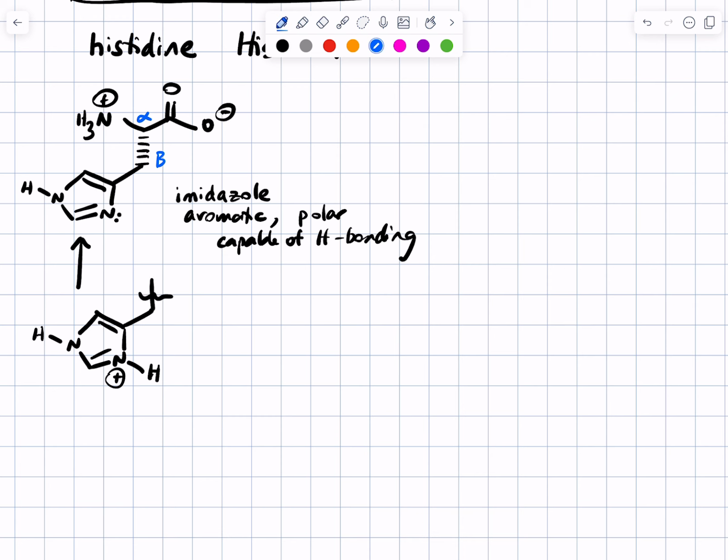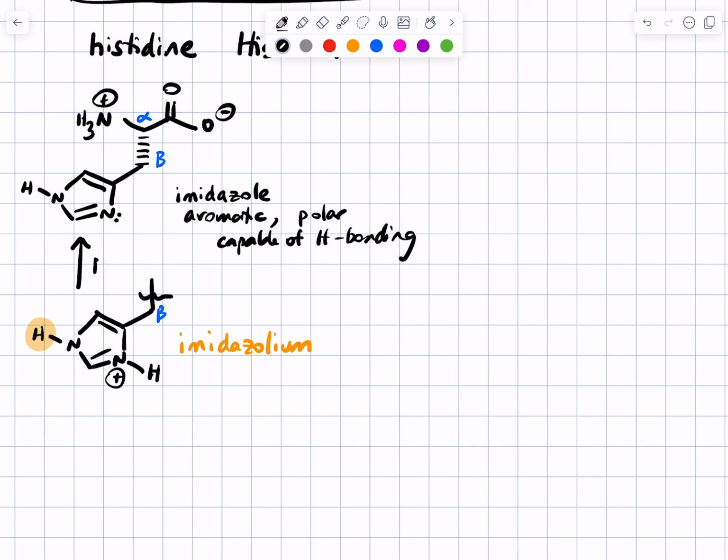I'll use a squiggly line. Here's the beta carbon, there's the ring. The positively charged form is called imidazolium. If you wonder what a positively charged thing is and you add an -ium to the end of it, you'll probably be pretty close. Imidazolium.